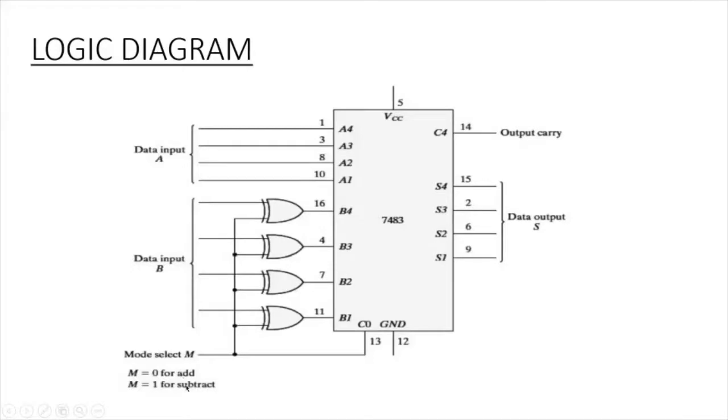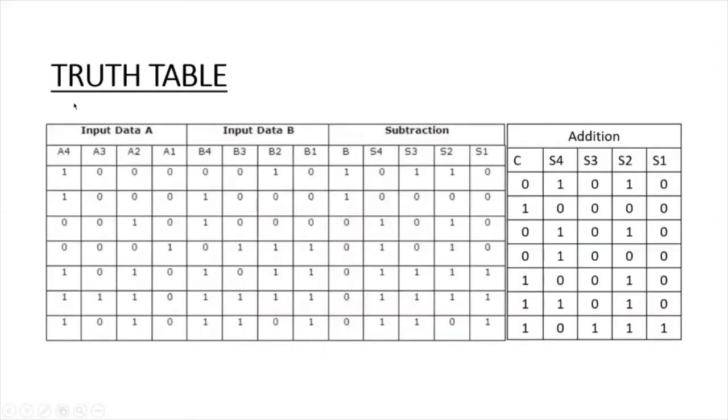If one of the inputs is 1, then it inverts the values, and by adding C naught, which is also connected to M, the values are inverted and one is added, which is basically a 2's complement. By adding these two, we can get the output of the subtraction operation. This is the logic diagram. Next we have the truth table of the subtraction and addition.